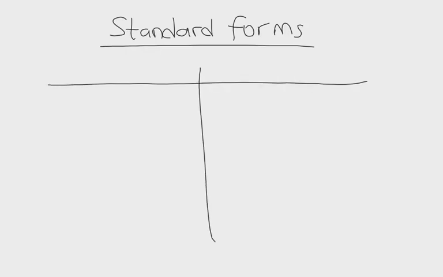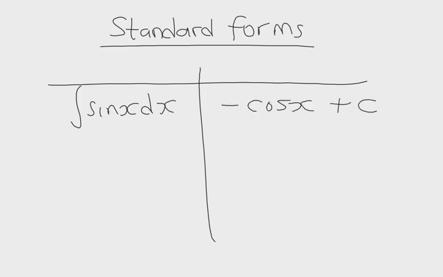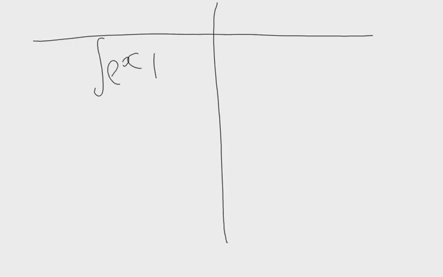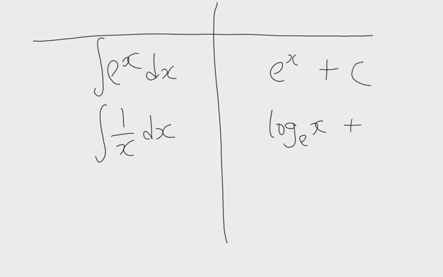Let's assume we have the following: the integral of sin x dx is minus cos x plus c. The integral of cos x dx is sin x plus c. The integral of e to the power x dx is e to the power x, and the integral of 1 over x dx is ln x. So plus c, plus c.